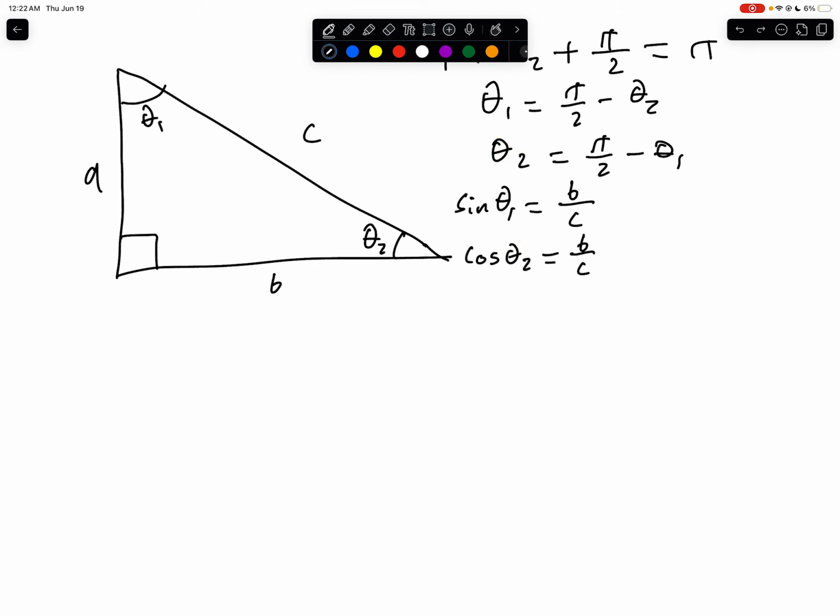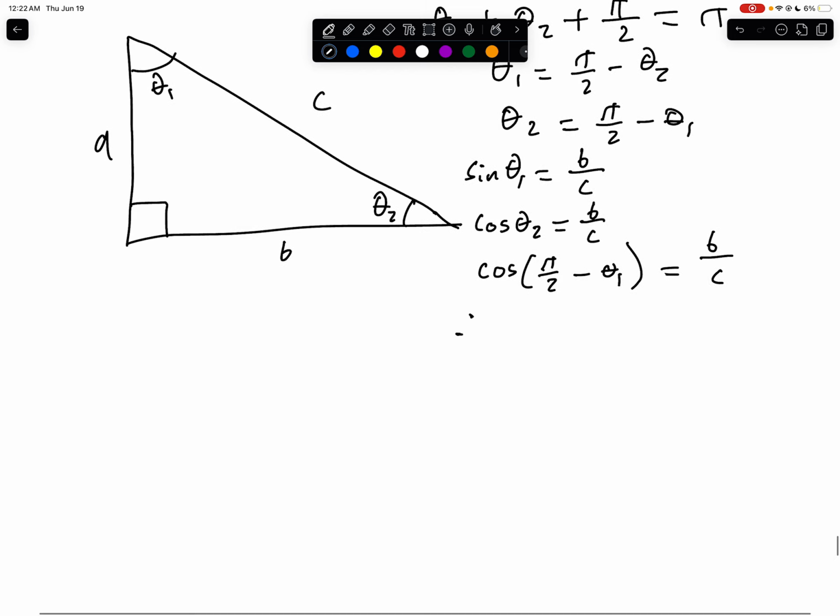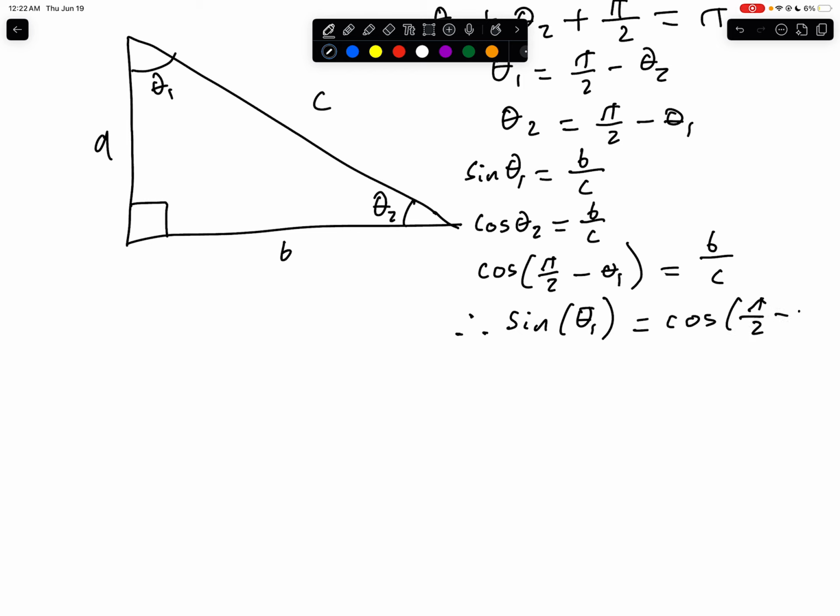So we can rewrite this as cosine of pi over 2 minus theta 1 is just b over c. Therefore, sine of theta 1 equals cosine of pi over 2 minus theta 1. So we can generalize this as sine of theta equals cosine of pi over 2 minus theta.